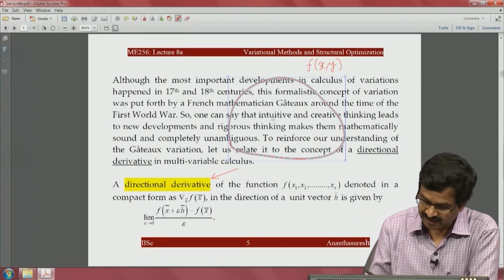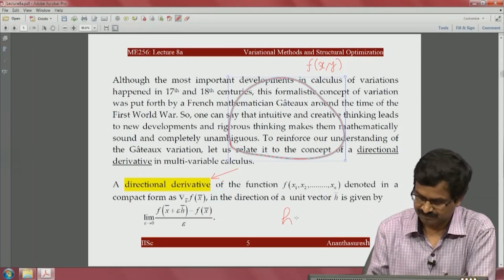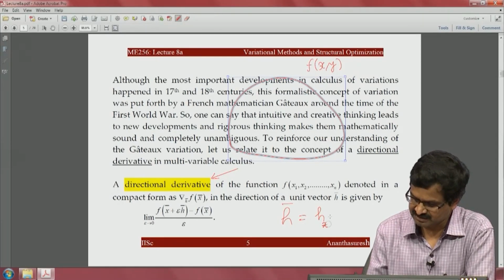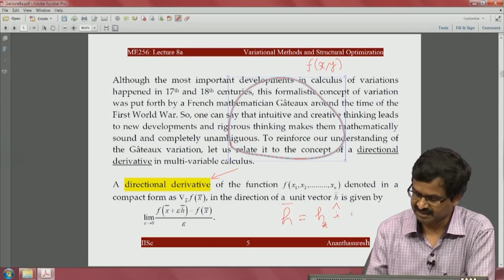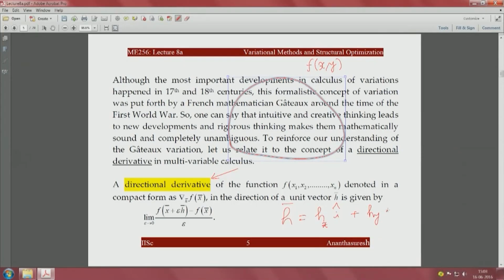Let us say you take a direction h, which has a component hx in the x direction and hy in the y direction. In that direction, if I have a function at a particular point, how does it vary?